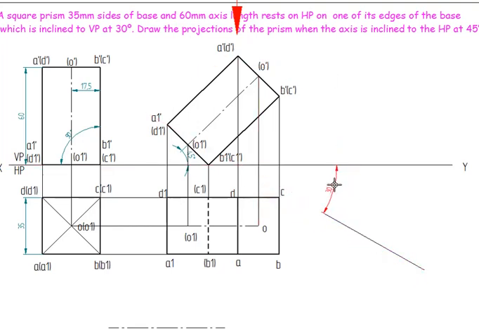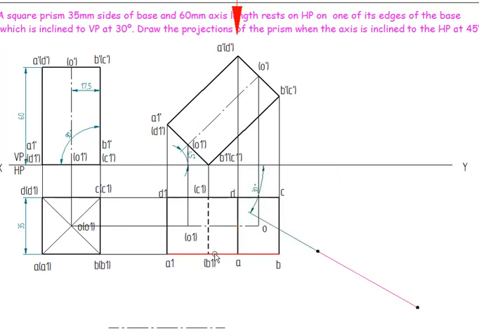Now I need to measure this B1 to C1, which is equal to 35. Make sure that this solid view will not cross the XY line. I need to adjust it somehow because the distance from here to here is more compared to this.